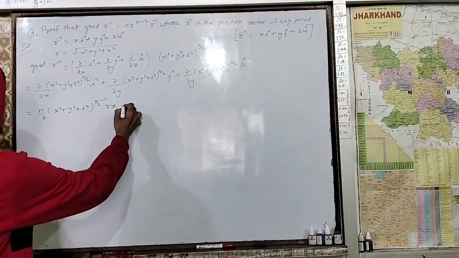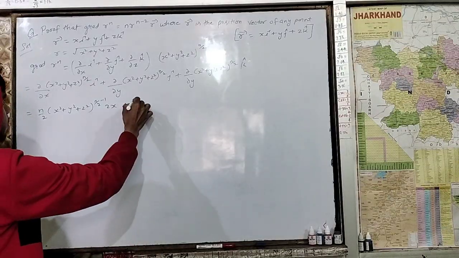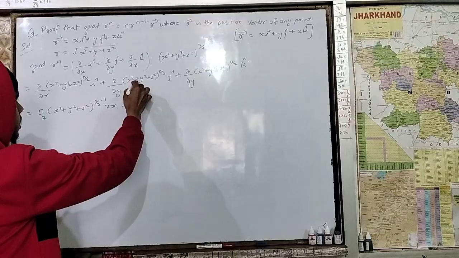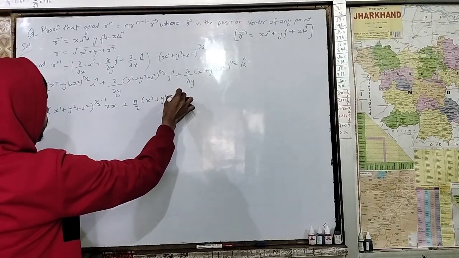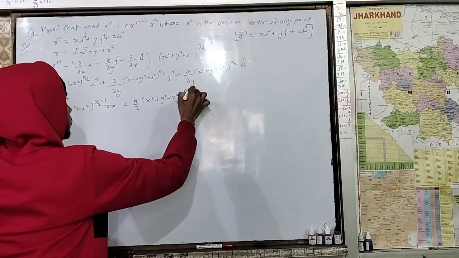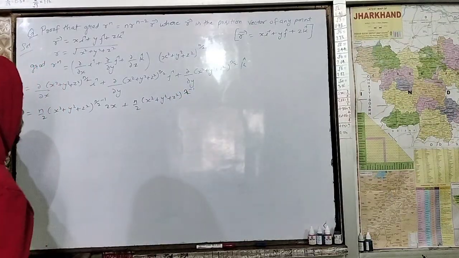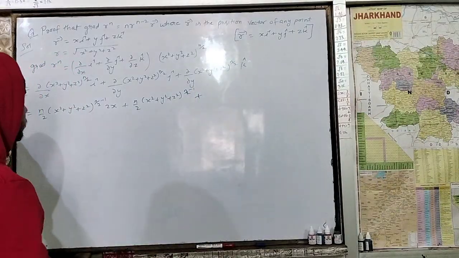Okay, now this n by 2 will come downward, n by 2, times (x square plus y square plus z square) raised to power n by 2 minus 1. The same will happen with this third term.